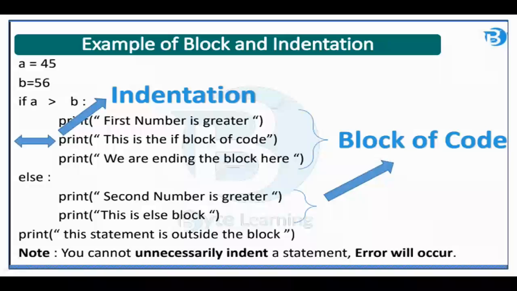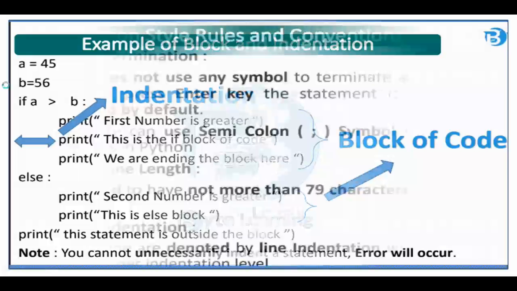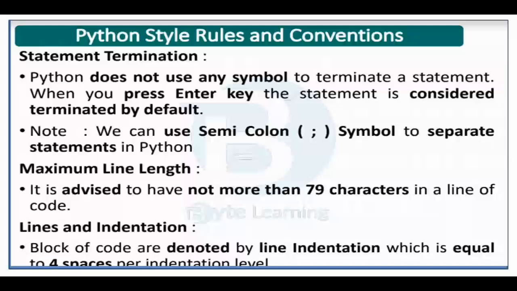Keep in mind not to give unnecessary indentation in statements in Python programming, otherwise an error will occur. I will explain indentation and blocks again in the flow of control chapter. Till then, don't worry about how indentation and blocks of code work in Python.